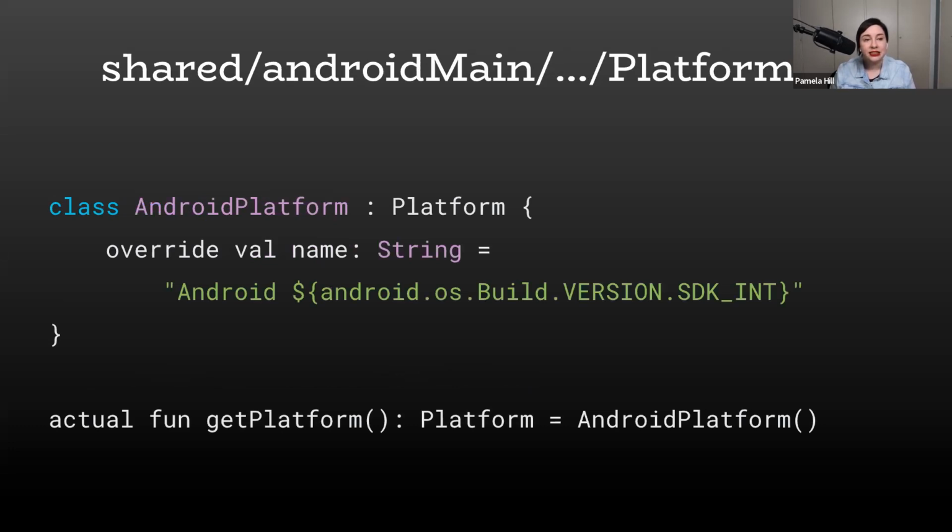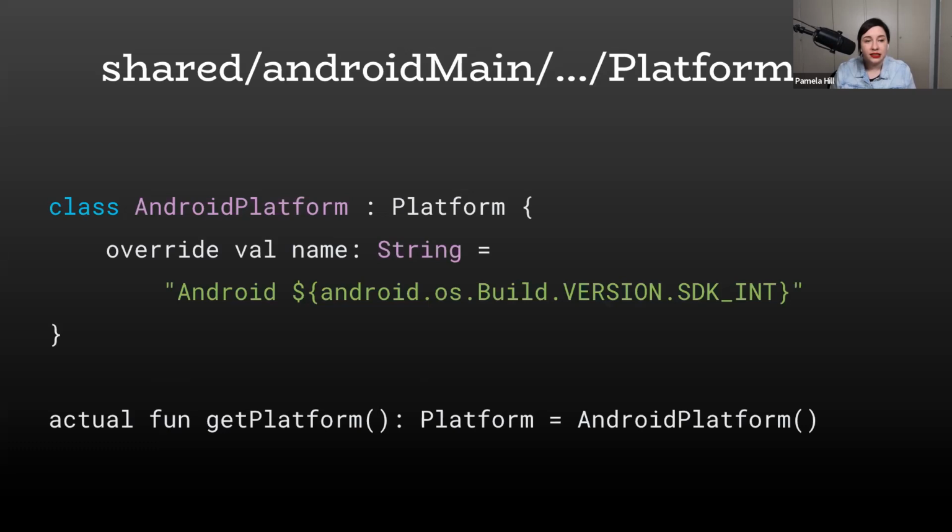Notice that it has a class called androidPlatform that implements the platform interface, and it overrides the name property, and it just assigns the value of Android followed by the SDK version of the Android device to that name property. So we're actually accessing Android APIs from this file.